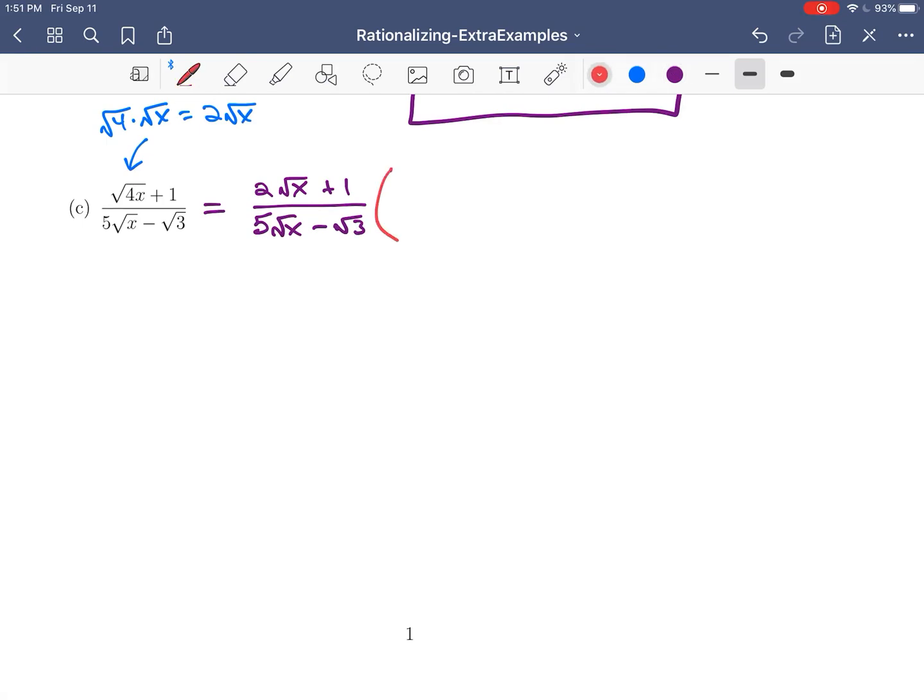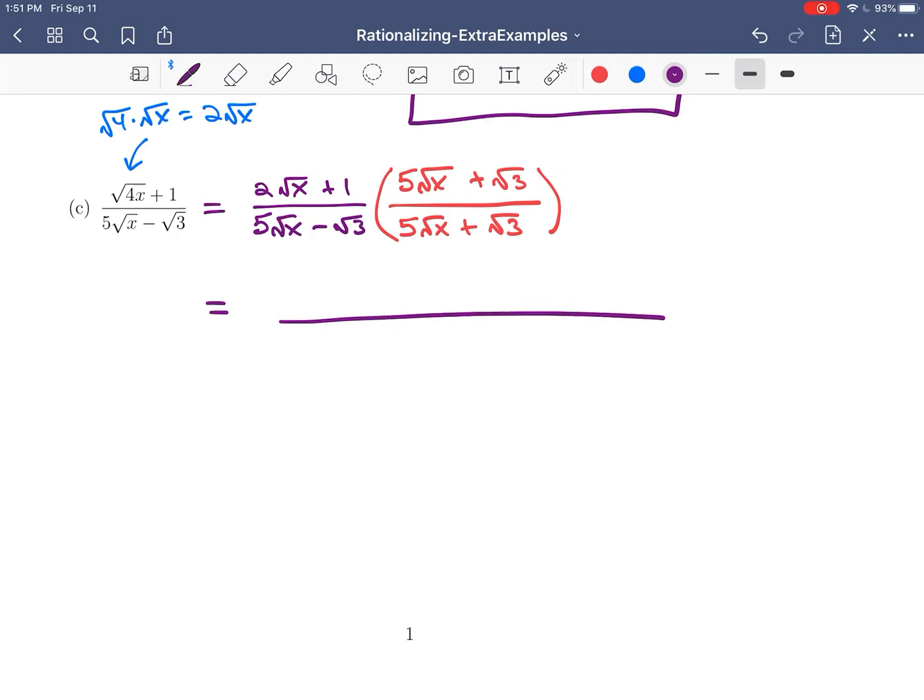So we want to multiply by the conjugate. That's going to be 5 root x plus root 3. Whatever we do to the bottom, we have to also do to the top. Now I'm not going to multiply this one out. We know that when we multiply the bottom, we're going to get 5 root x all squared minus root 3 all squared.